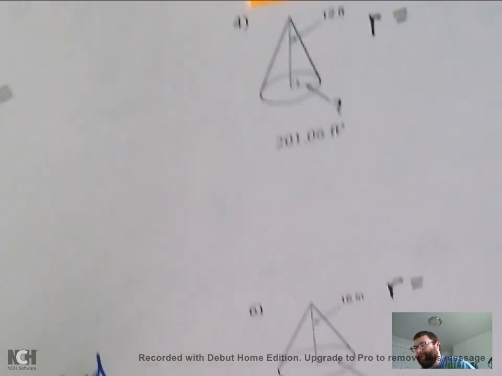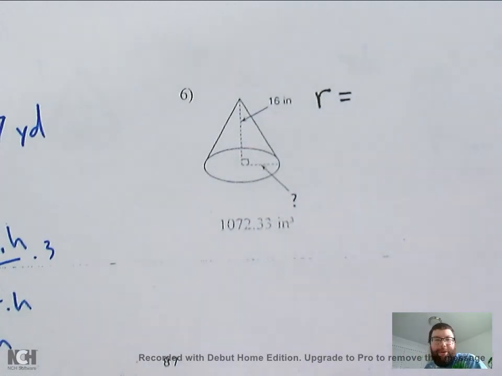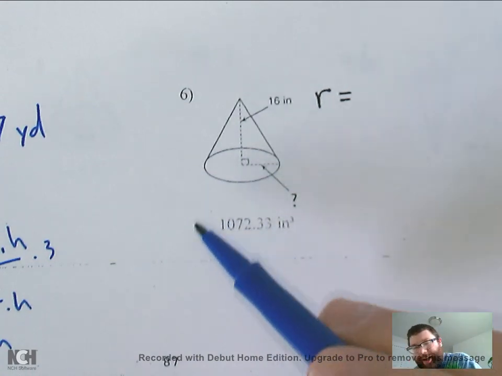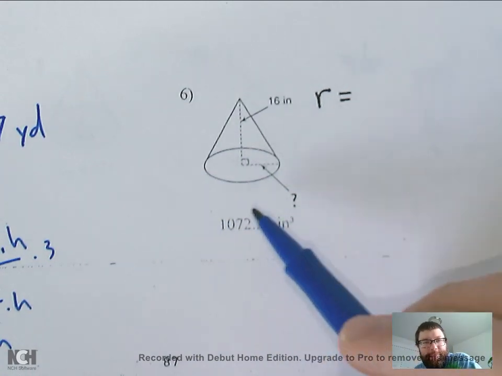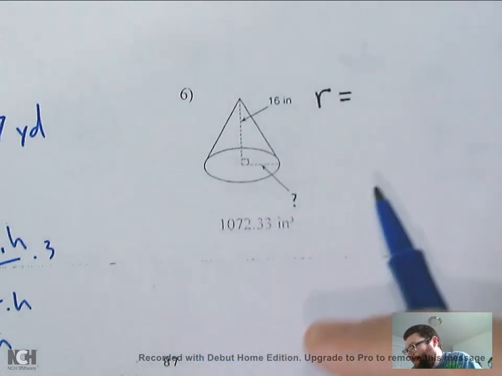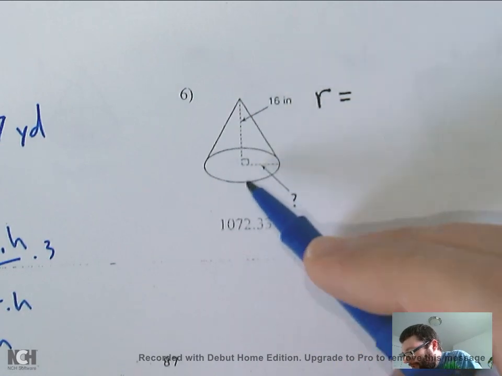Let's try another one. Let's do one where I'm just looking for the radius. So I don't have to do that multiply by 2 at the end. So this one is a pretty good size volume. It's kind of a biggish cone. It's not in kilometers, but it's in inches. So here we go. I don't know the radius.